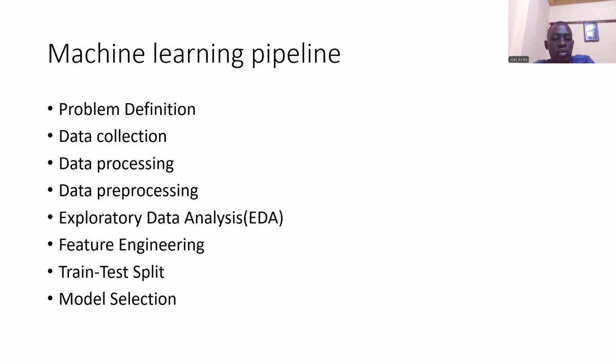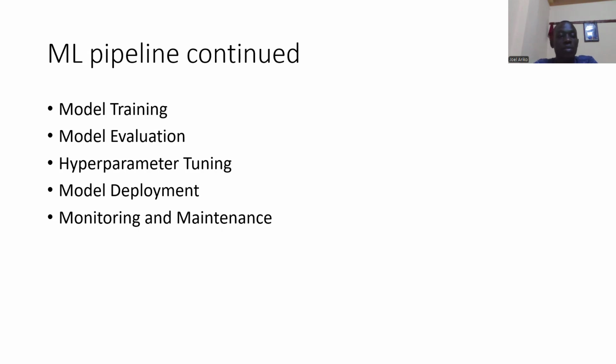Then we do model selection. You select the appropriate machine learning algorithm based on the data you have. Then we have model training. This is where you train the model in order to obtain a model that predicts or gives results.